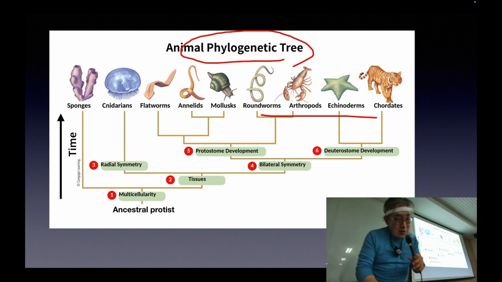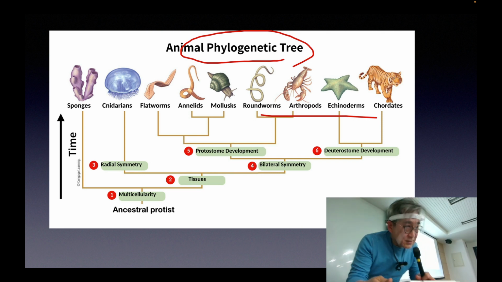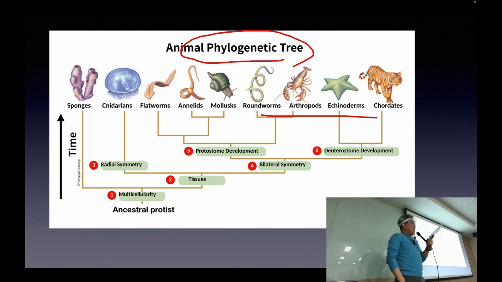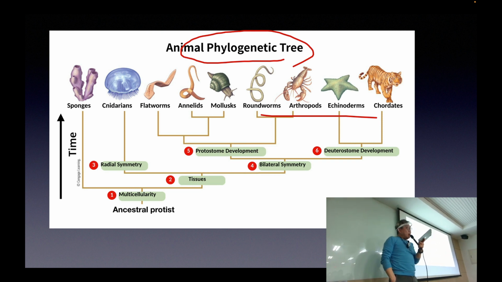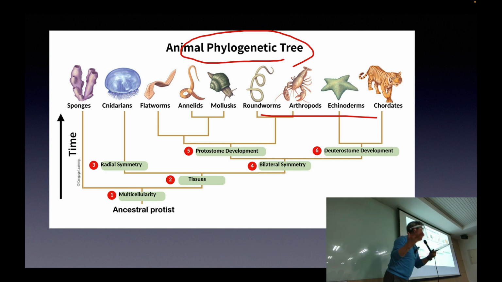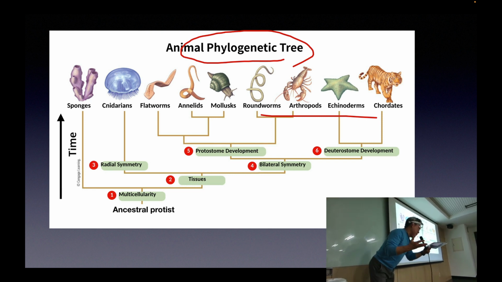But why on earth is such classifying called phylogenetic? What does phylogeny mean? Anybody? What's phylogeny? Look it up then. We all have cell phones. Phylogeny. What's phylogeny? Yeah, 계통 발생.